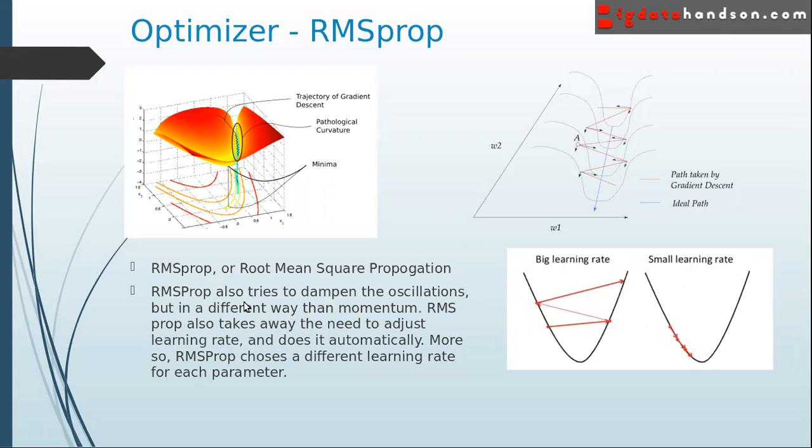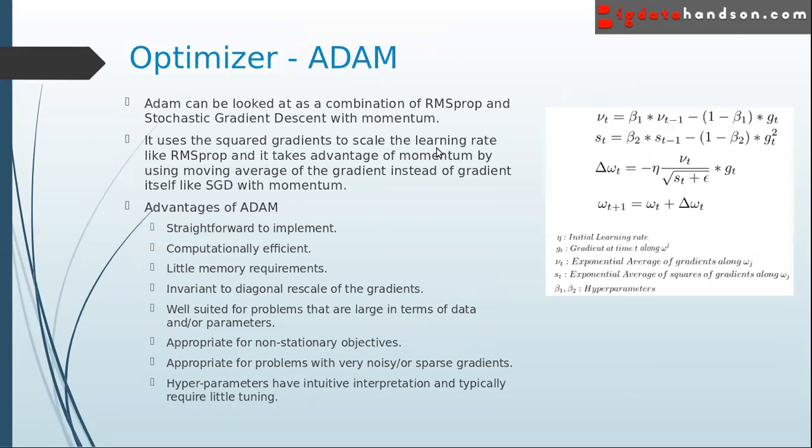RMSprop also tries to dampen the oscillations, but in a different way than momentum. RMSprop also takes away the need to adjust the learning rate and does it automatically, so it reaches the global minimum error faster.